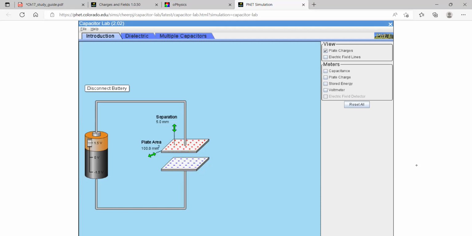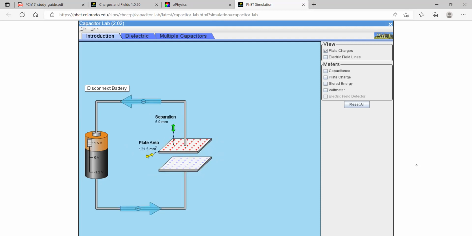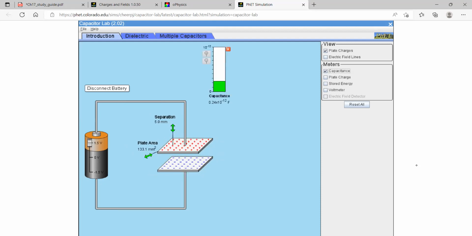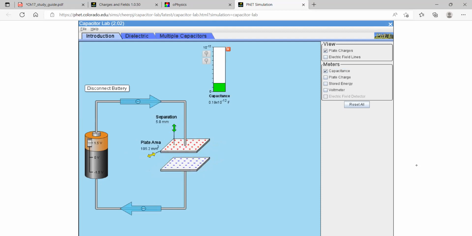But here I want to show you that when the area is higher, there are more charges and higher capacitance. Low area means low capacitance.